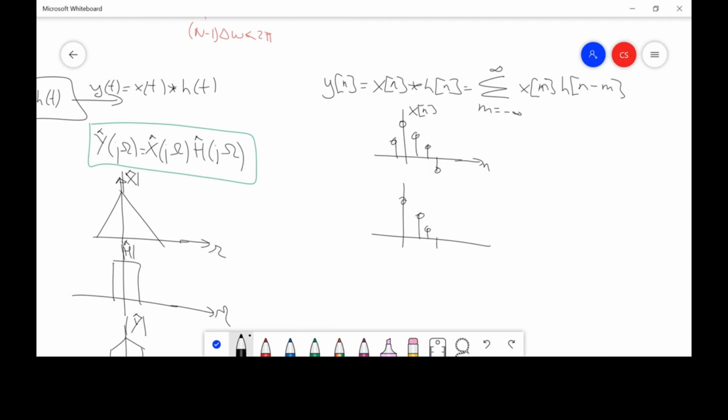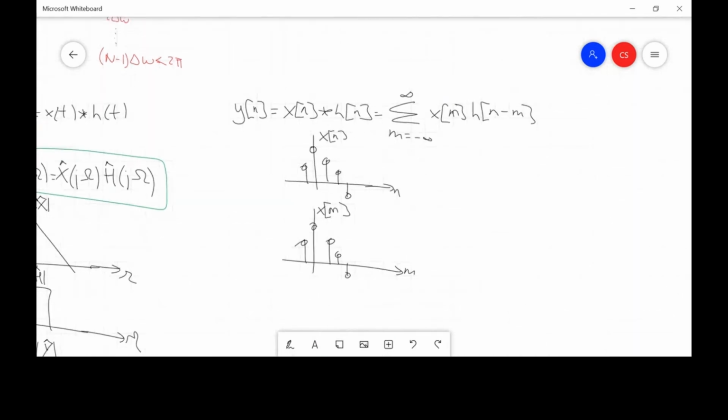Okay, but now that will be something different. Let's say that my x is blue and my h is red. Let's say that my h is this one. It's 1, 1, 1, that's it, and then 0 everywhere.